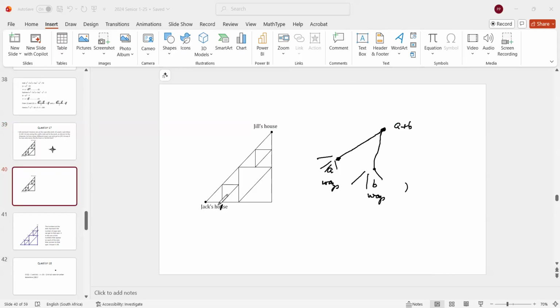I'm going to put the number of ways in which you can get to a given point as a tag at that point. So this means that to get to this point, there's only one way. Likewise, to get to this point, there's only one way. You can only travel horizontally. But this one is not the same, because you can go this way or this way. So there are two ways in which you can get to that point.